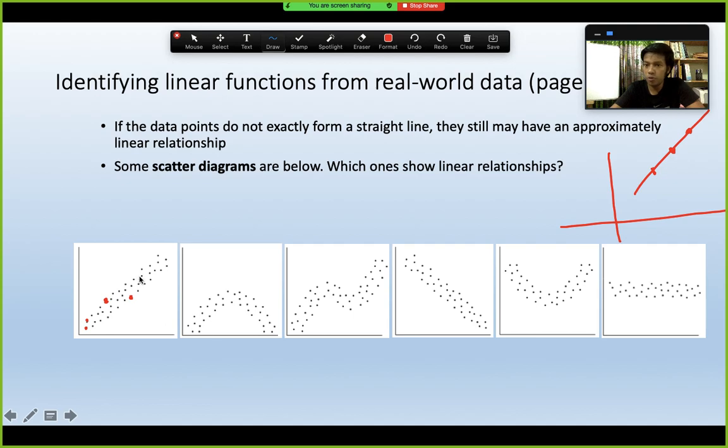Now what we will do is look at the general shape, a common shape of the line. If you look at this, the common shape is like a straight line.